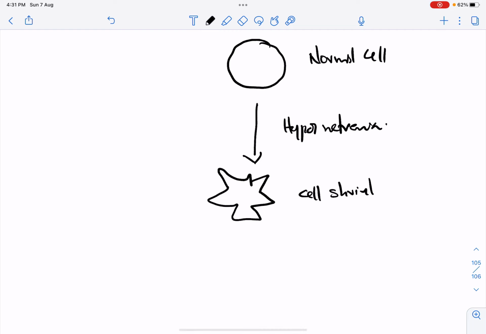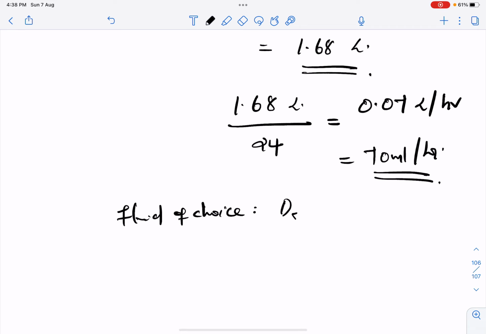Okay, so this is how we calculate the total body free water deficit and how to infuse or correct it. And the fluid of choice for correcting free water deficit is D5, 5% dextrose in water.